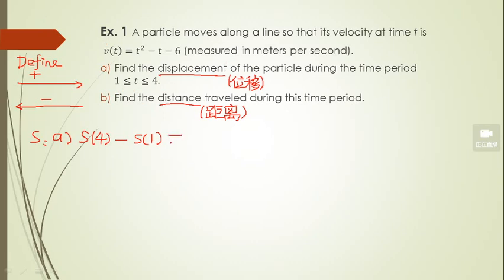So according to the net change theorem, that will be the integral from 1 to 4 of the derivative of position, which is v(t), right? Which is S prime t dt. Don't forget your dt. Now, what is my v(t)? My v(t) is a quadratic function, t squared minus t minus 6.